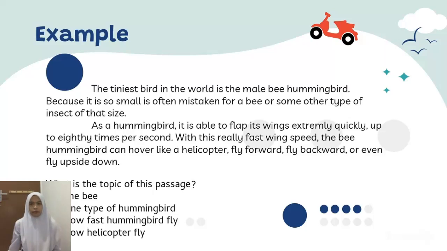Of the size of a hummingbird, it is able to flap its wings extremely quickly, up to 2 times per second. With this really fast wing speed, the bee hummingbird can hover like a helicopter, fly forward, fly backward, or even fly upside down.